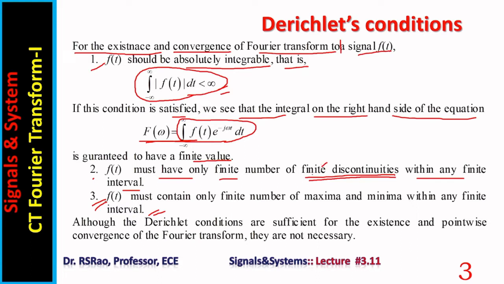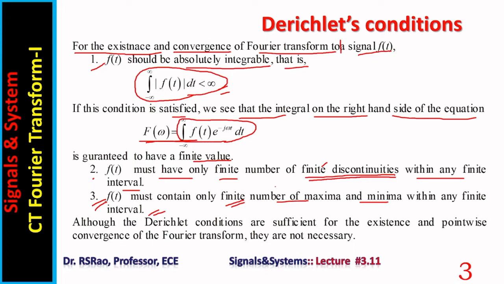Third point says number of maxima and minima within a finite time interval must be finite in number. After going through all these three statements, one can notice the similarity between Dirichlet conditions meant for Fourier transforms and Dirichlet conditions meant for Fourier series.